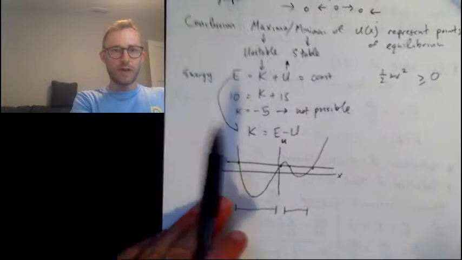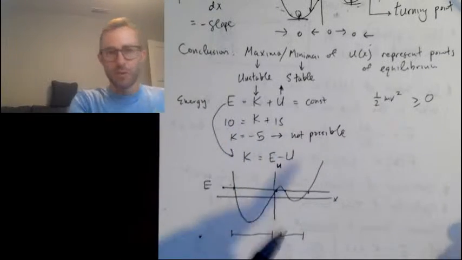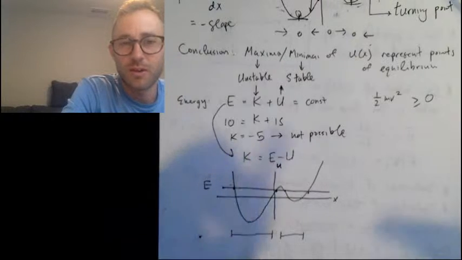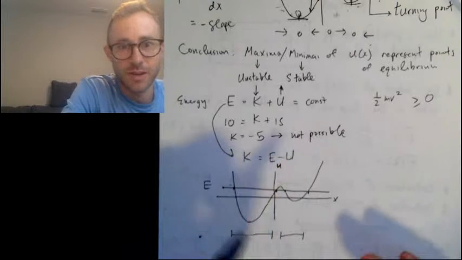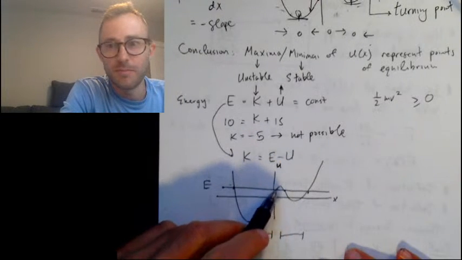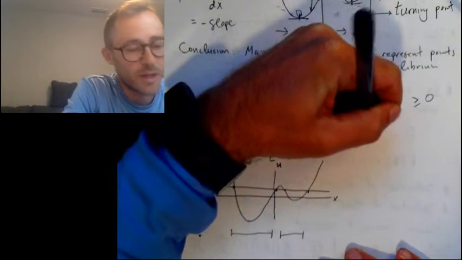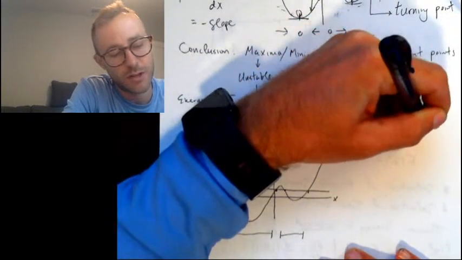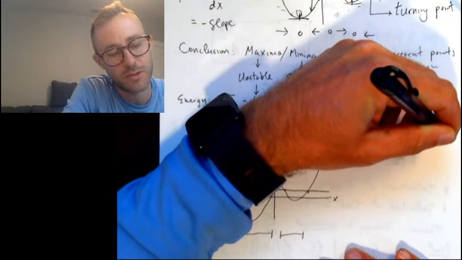So one thing I wanted to say is that this is only true in classical mechanics. In quantum mechanics, this is not a class on quantum mechanics, but I can't help myself because it's exciting.